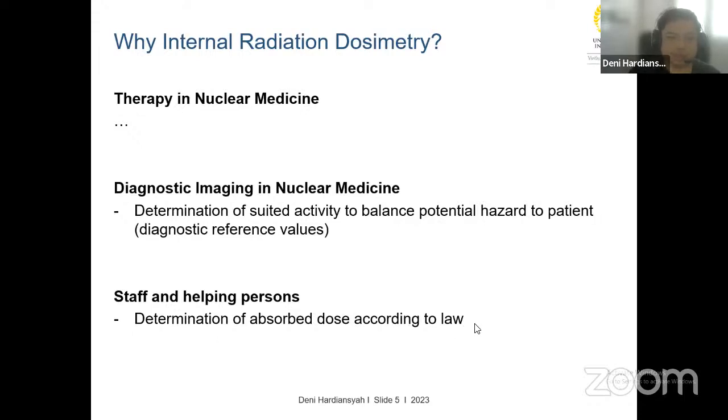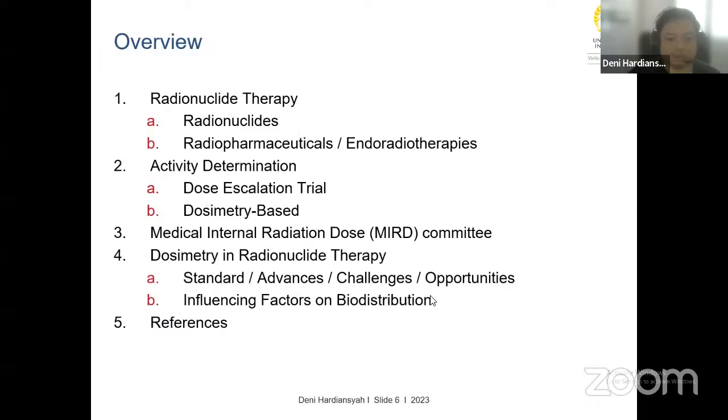Usually in every country, there is a law showing that for certain conditions, we need to make sure the patient would not get a very high radiation dose passing the limit from the government body. So this is also important for the staff and helping persons. This is the overview of our class today.